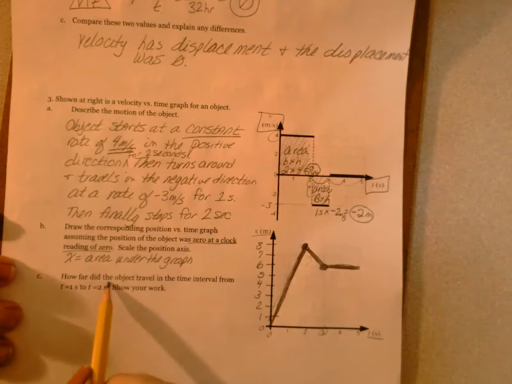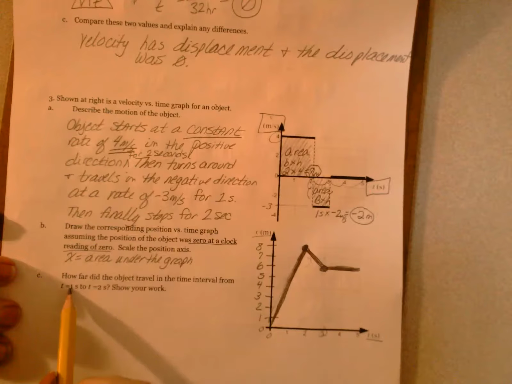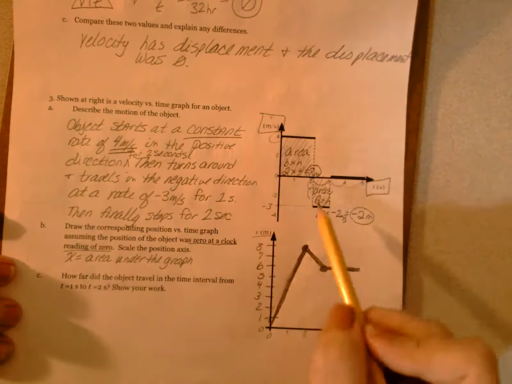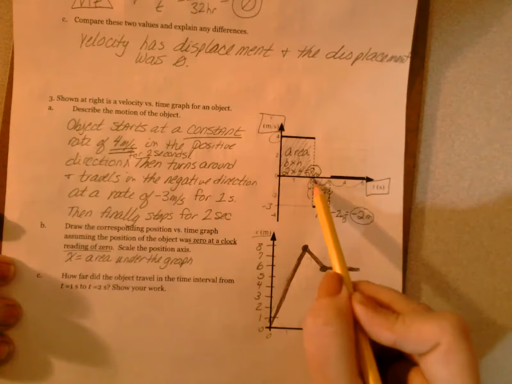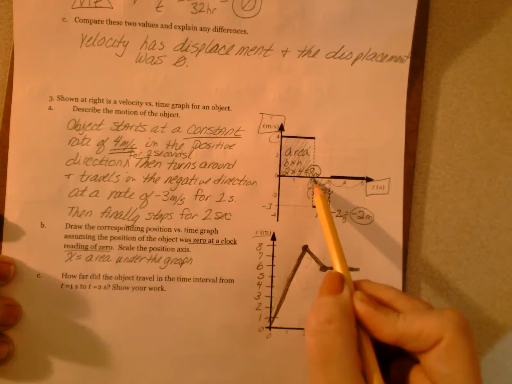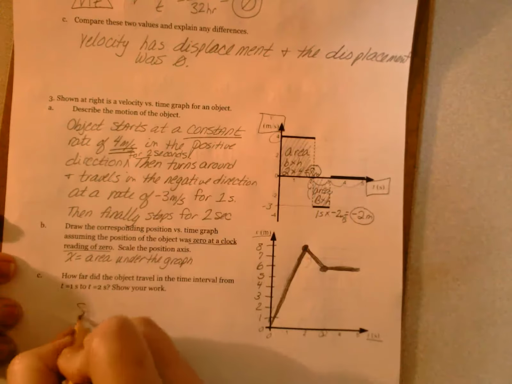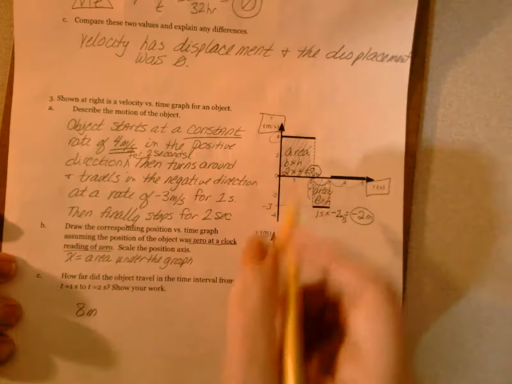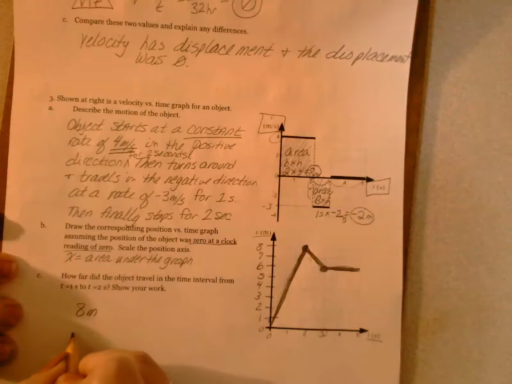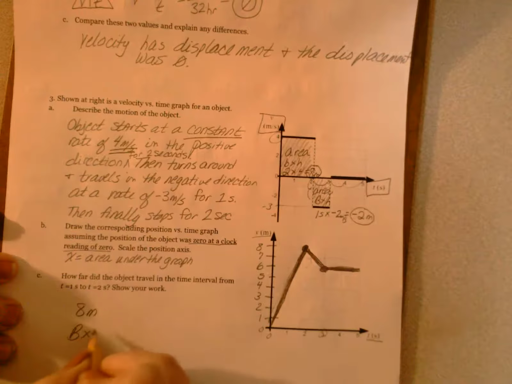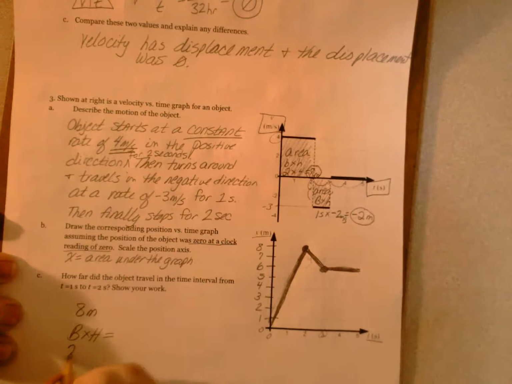How far did he travel in the time interval from 1 to 2 seconds? So from 1 to 2 seconds, they traveled 8 meters. And our work again was base times height, which is 2 times 4, which is 8 meters.